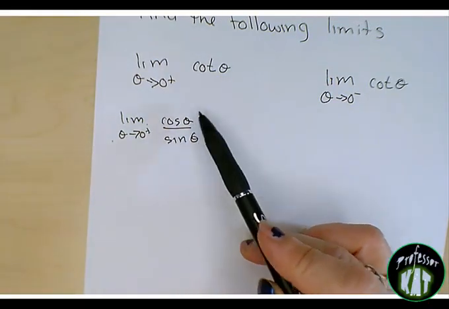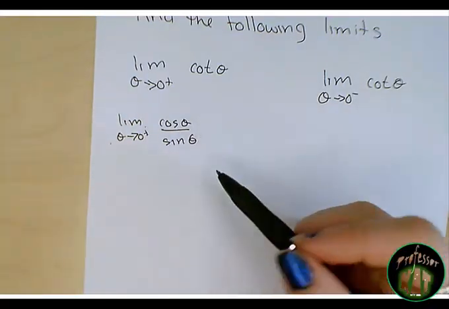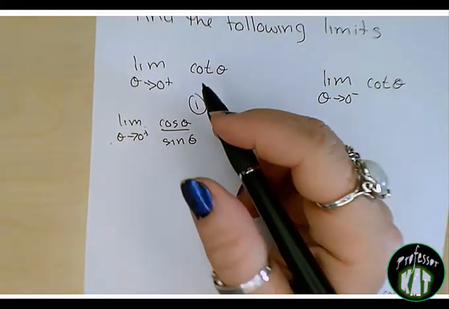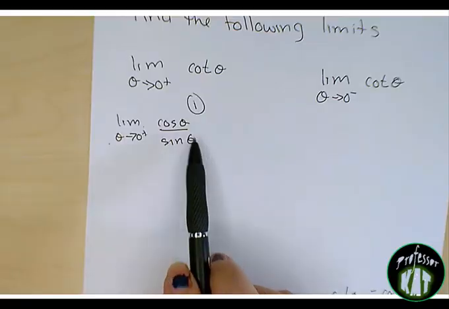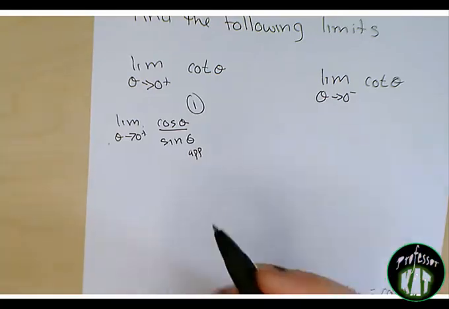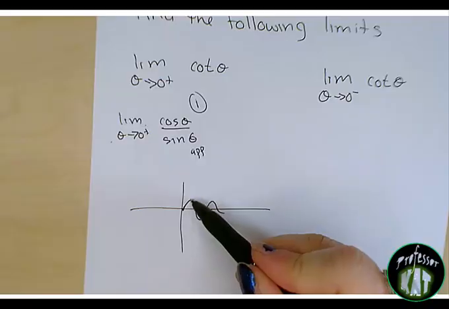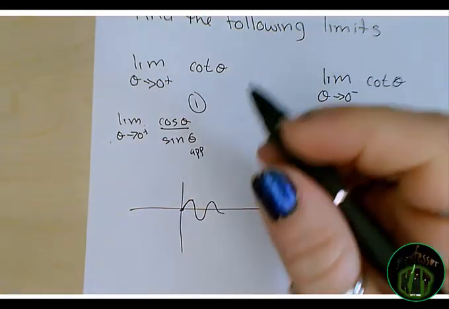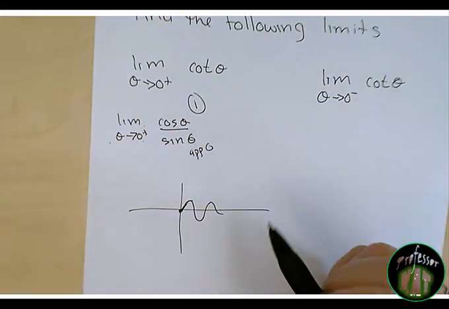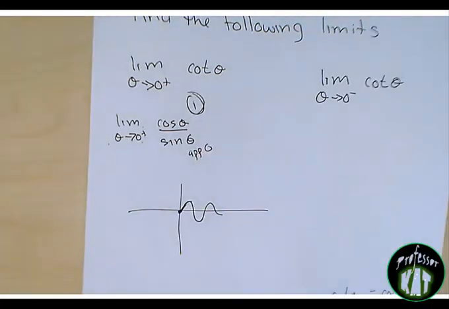Now, if we plug in 0 into this function, cosine at 0 is 1. It's going to approach a positive 1. Sine at 0 approaches 0. If you remember the sine function, it looks something like this. As it approaches 0, it does go to 0. So looking at this analytically, our numerator is a positive 1.